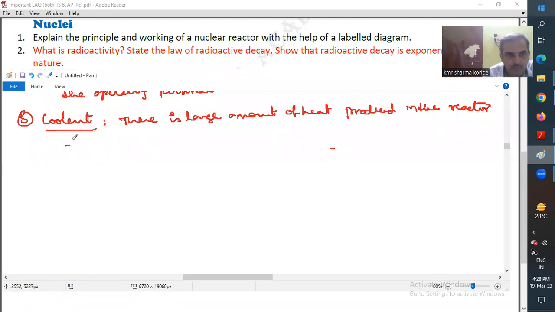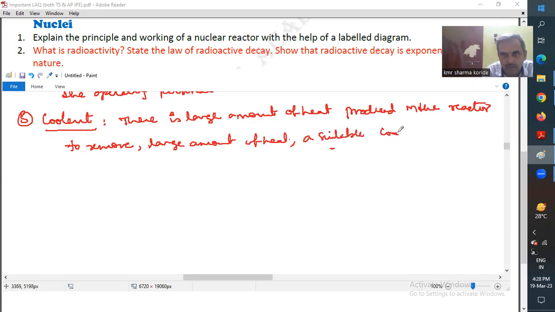To remove the large amount of heat, a suitable coolant is allowed to flow around the reactor.